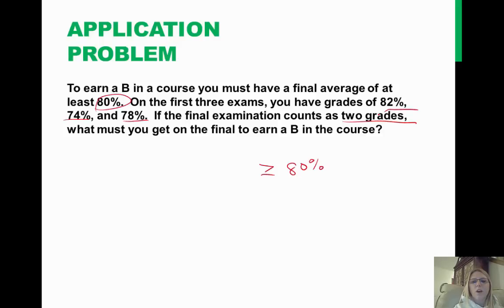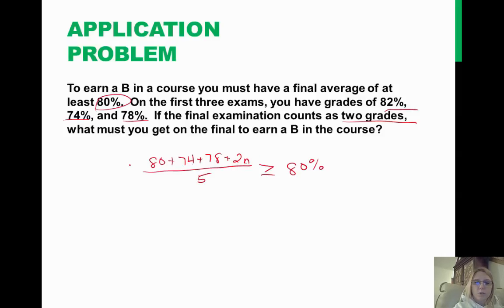Okay, so you have to do an average for this. We know that we have 82 plus 74 plus 78. And then, like it said, the final is worth 2 grades, so I'm going to say plus 2n. And then I'm going to divide that by 1, 2, 3, and this counts as 2 grades, 4, 5. So we'll divide it by 5.